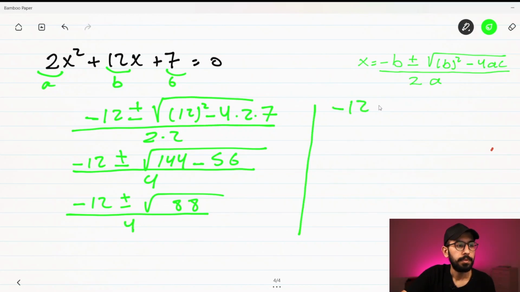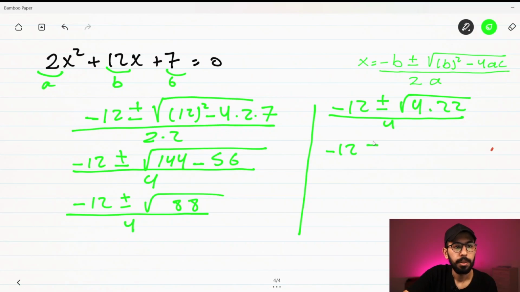We can write it another way, 4 multiplied by 22. So we can take this 4 out of the root.